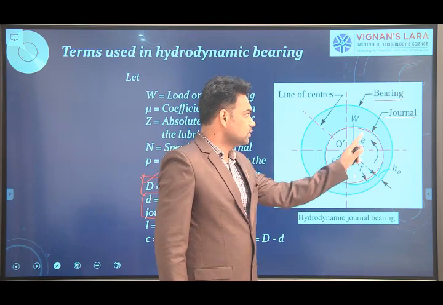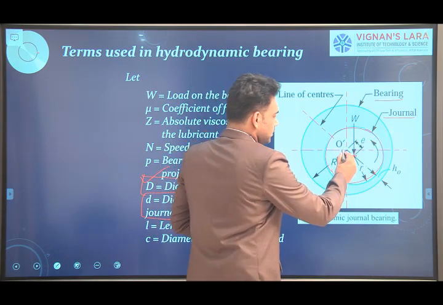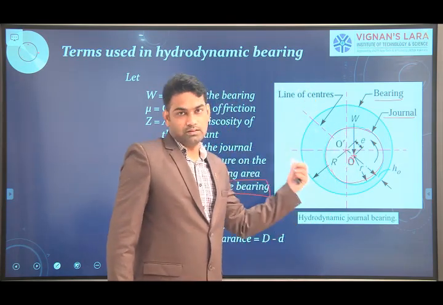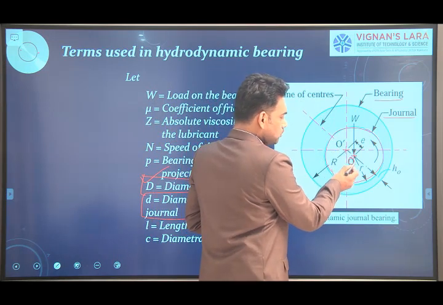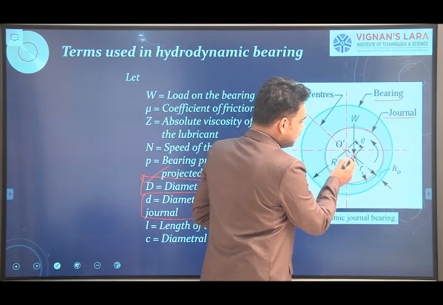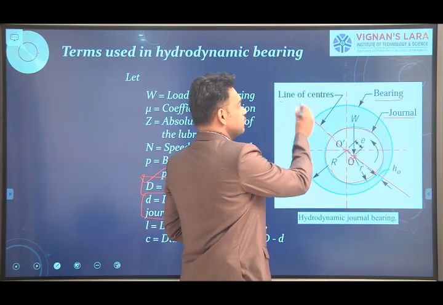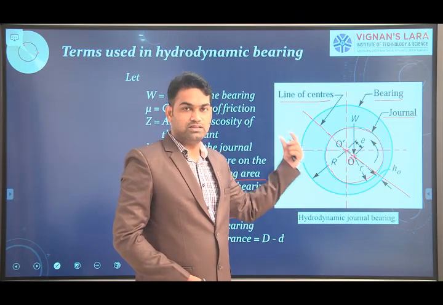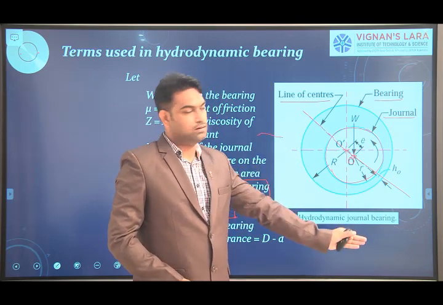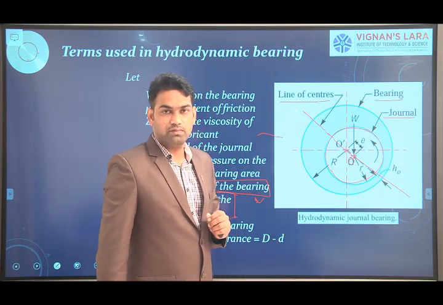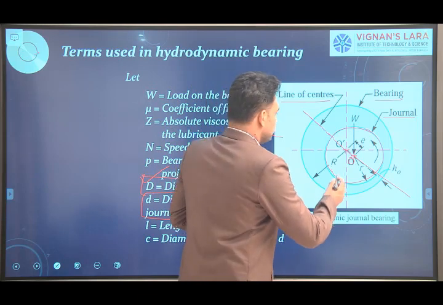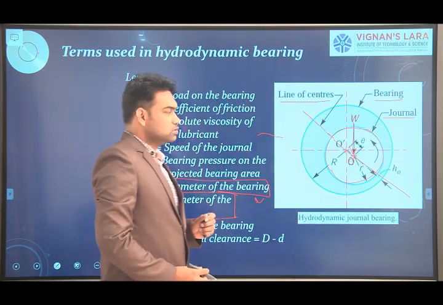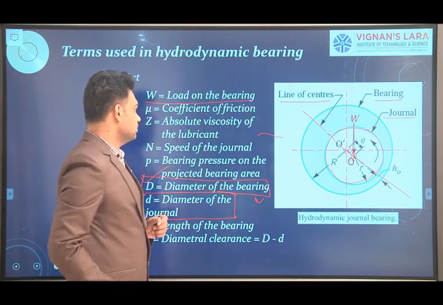O is the center of the journal, and O dash is the center of the bearing. If you draw a line passing through both O dash and O, that is the line of centers. Clear? And W is the load. The shaft is subjected to the radial load, denoted by W, which is the load acting on the bearing.